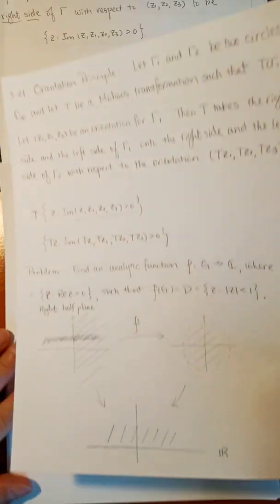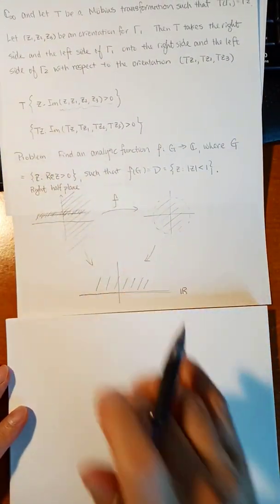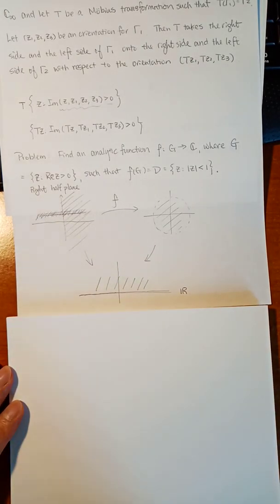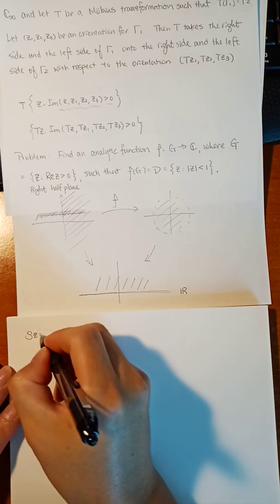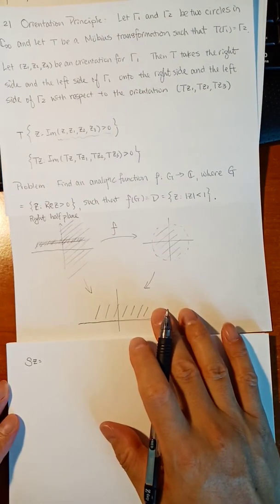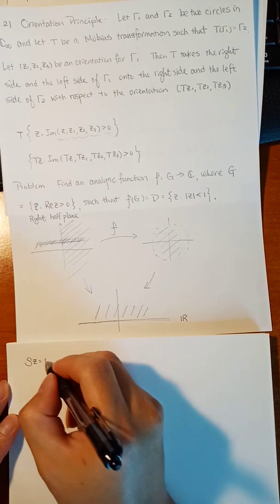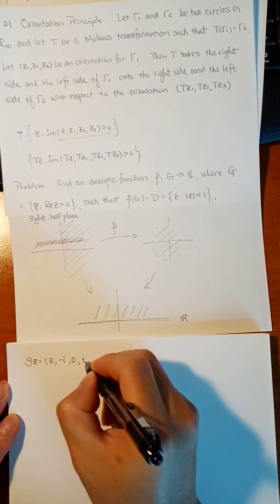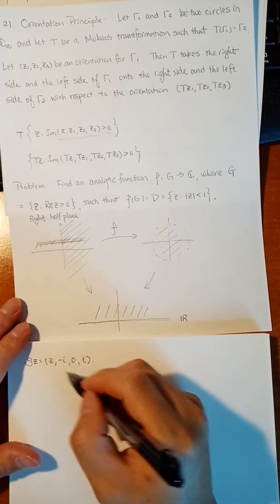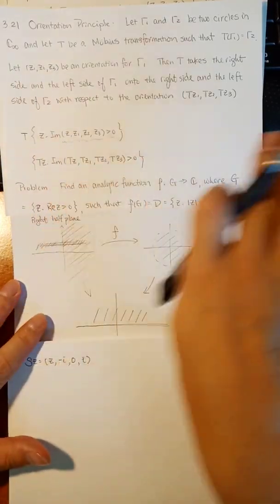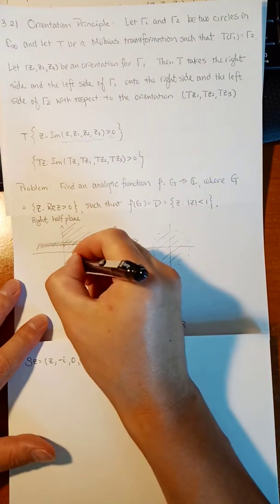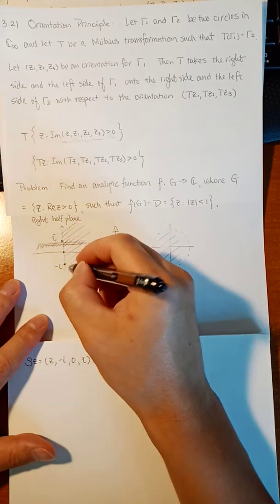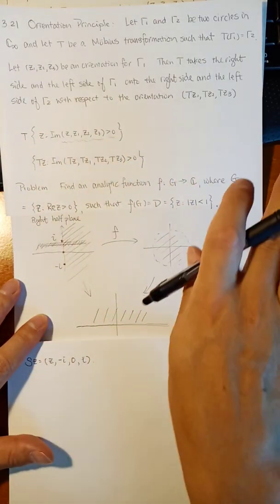Okay, now let's see. This is right, my bad. Now let's see. We define S of Z to be the cross ratio of Z, negative I, 0, and I. How do I get this cross ratio? I take negative I, 0, and I, by this order, so this is the right side.